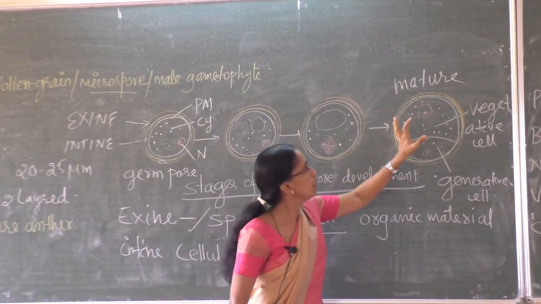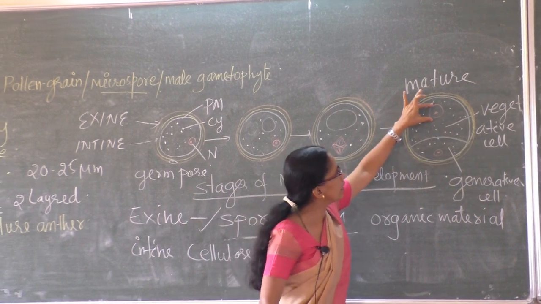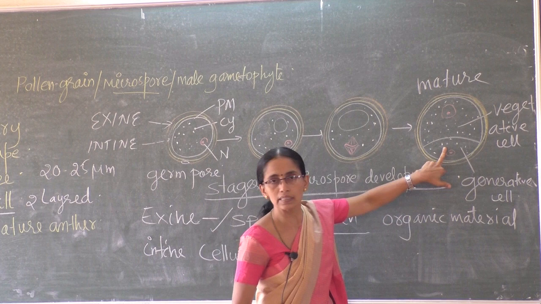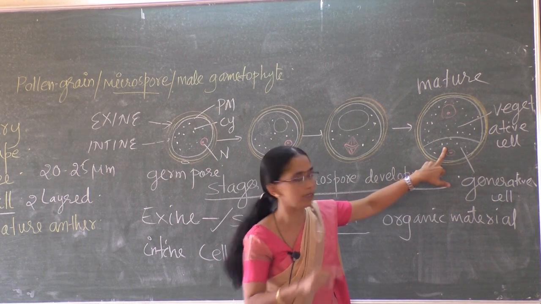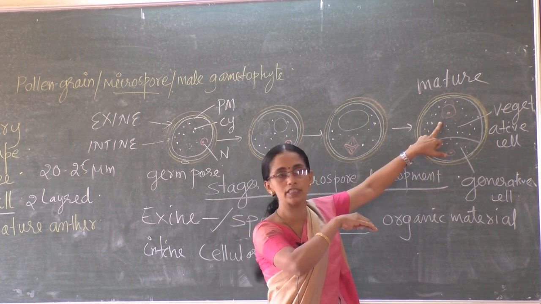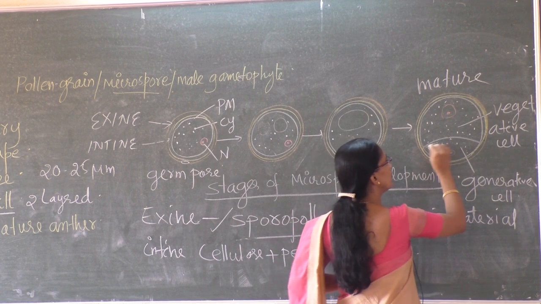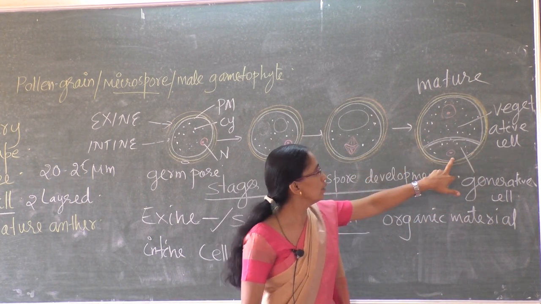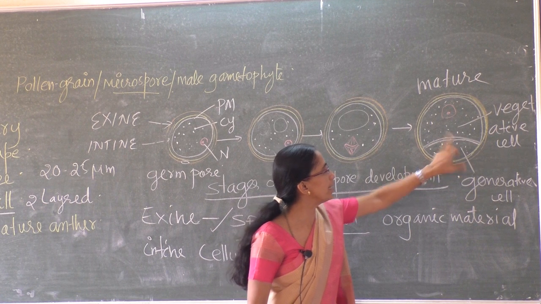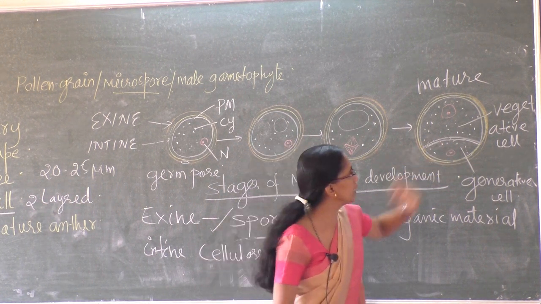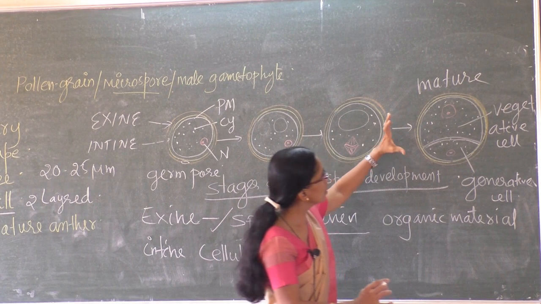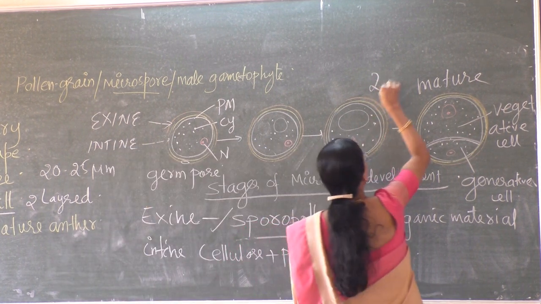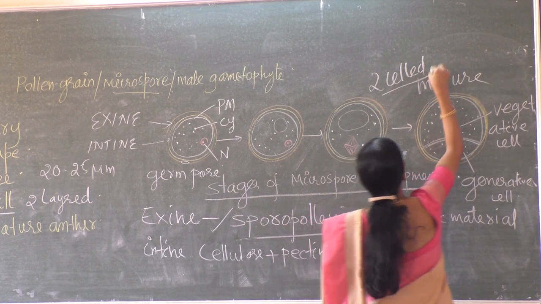The smaller cell is known as the generative cell, which is spindle shaped and floats in the vegetative cell with a single nucleus and dense cytoplasm. This is the mature pollen, which we call the two-celled stage.